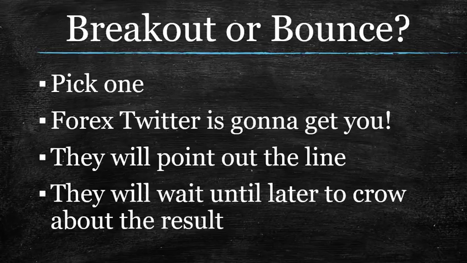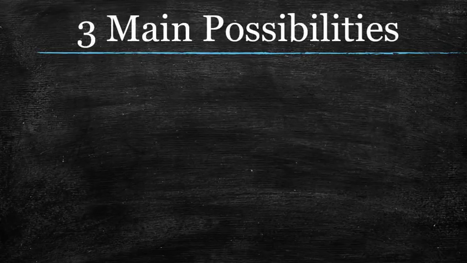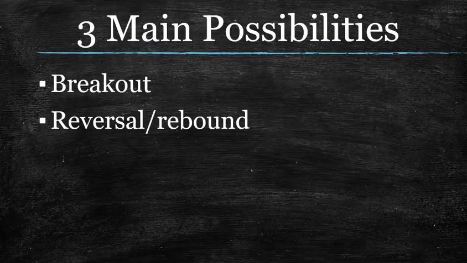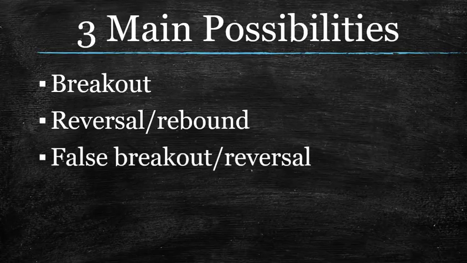Now, trend lines aren't even a 50-50 proposition, really, because there's actually three possibilities that could happen when you're trading them. They could either break out past the trend line and start a new trend. They can bounce off of the trend line and continue whatever trend they're on. Or, and this may not always affect you depending on where you put your stop loss, but every once in a while it's going to, you have those false breakouts and those false reversals that actually look like they're going to do one of these two things, but in the end don't.